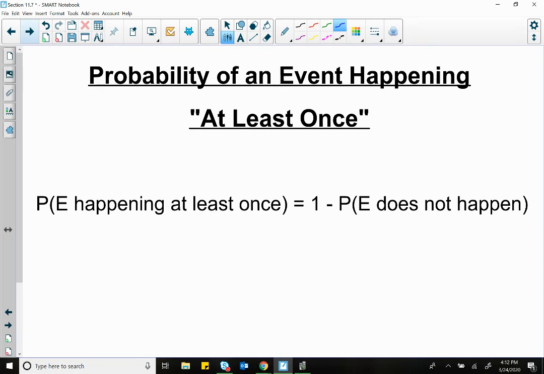The probability of an event happening at least once, all you're going to do in order to find that probability of at least once, you're going to take 1 minus the probability that the event does not happen. Okay? Taking 1 minus the probability of the event that does not happen, that is the same thing as at least once happening.